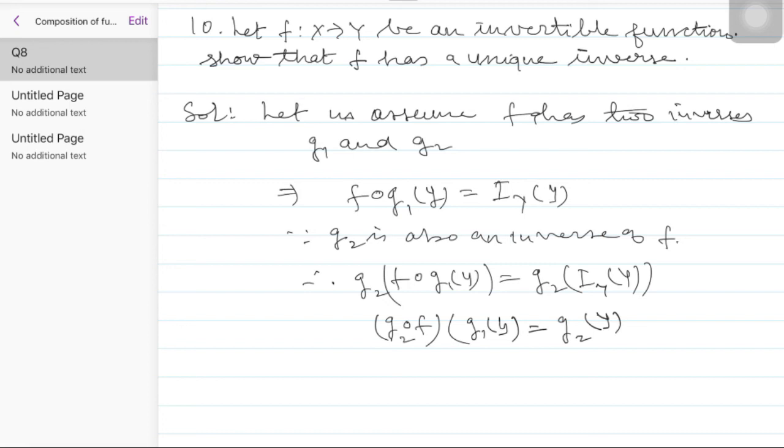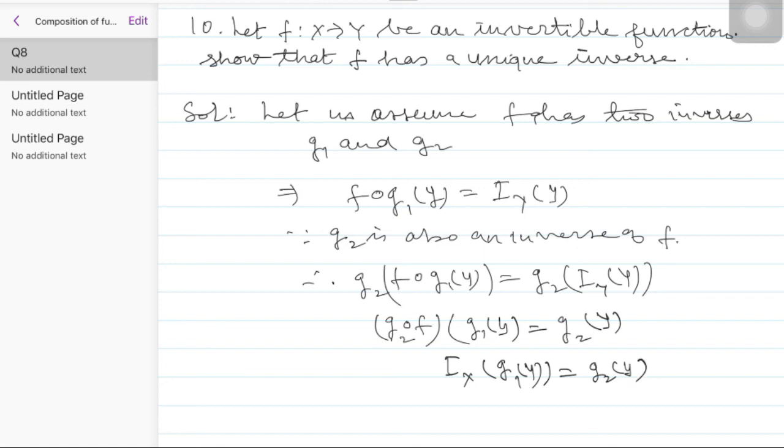Now g2 o f will be Ix, the identity function in X, so Ix o g1(y) is equal to g2(y).